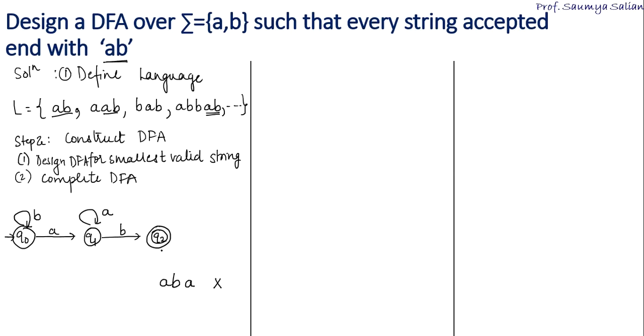So where should the transition of A be placed such that I will be getting a B at the end? Looking at the diagram over here, if I show this transition of input A to Q1, I know that I can reach the final state again with input B.